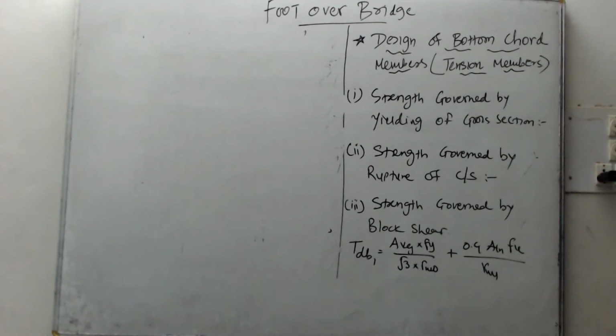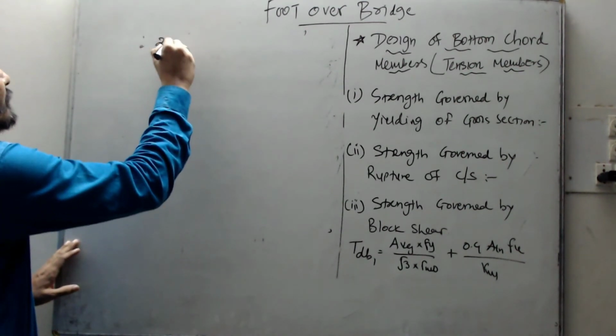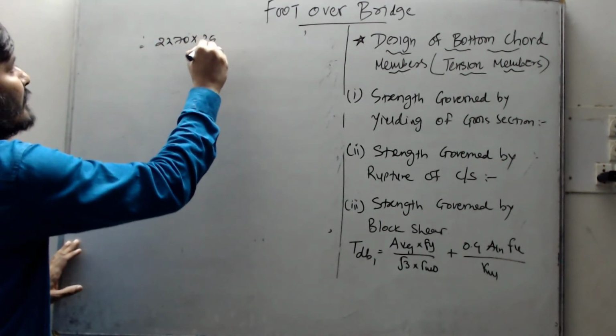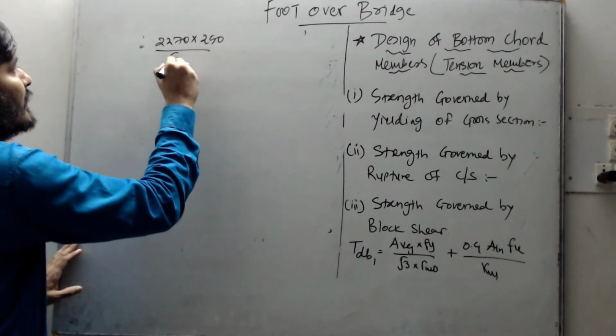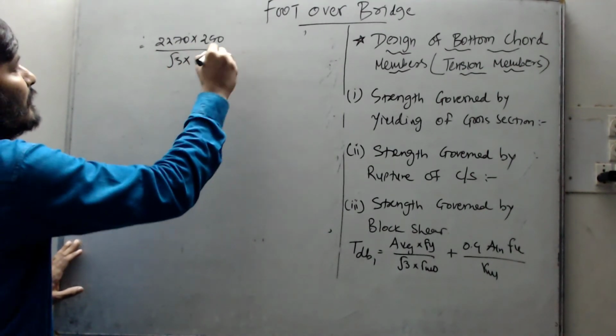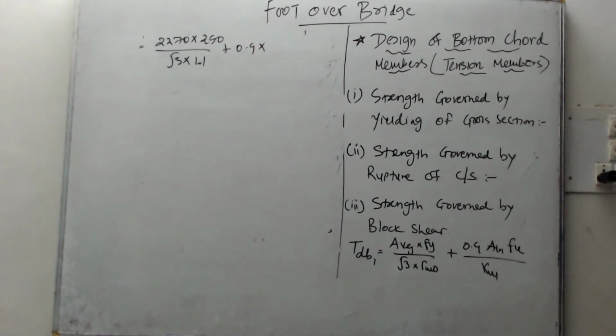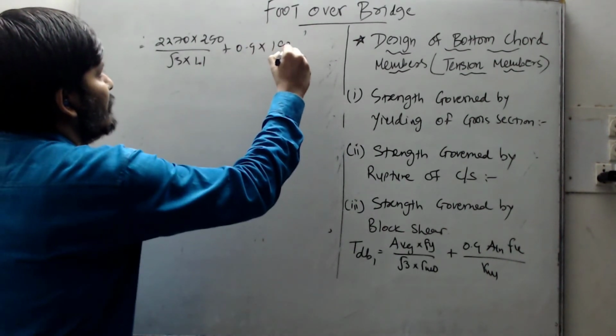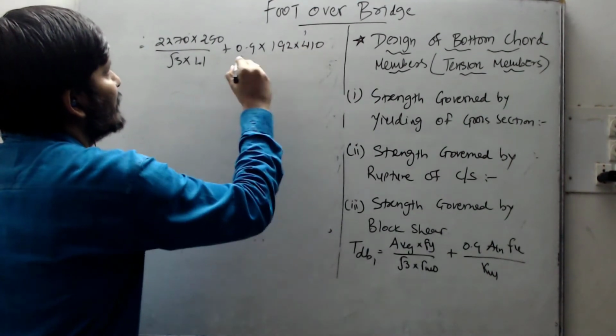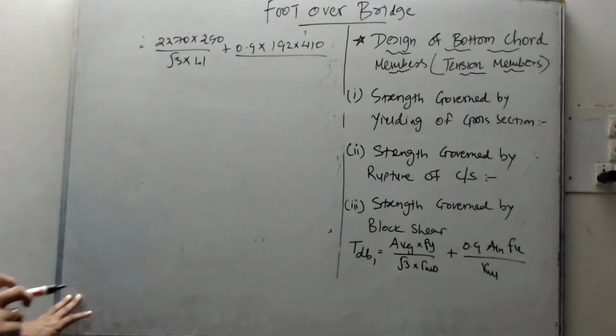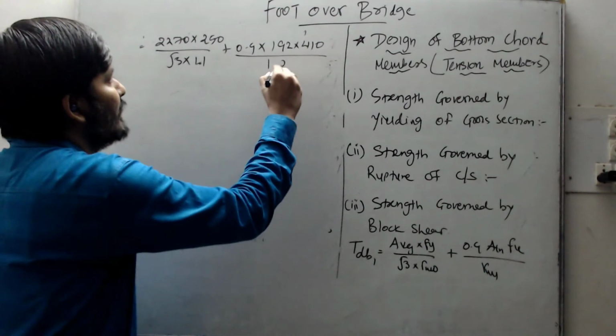your AVG value you got as 2270. So 2270 multiplied by 250 divided by root 3 into 1.1 plus 0.9 multiplied by ATN you got as 192 into 410, this is for gusset plate, divided by gamma M1, which is 1.25.